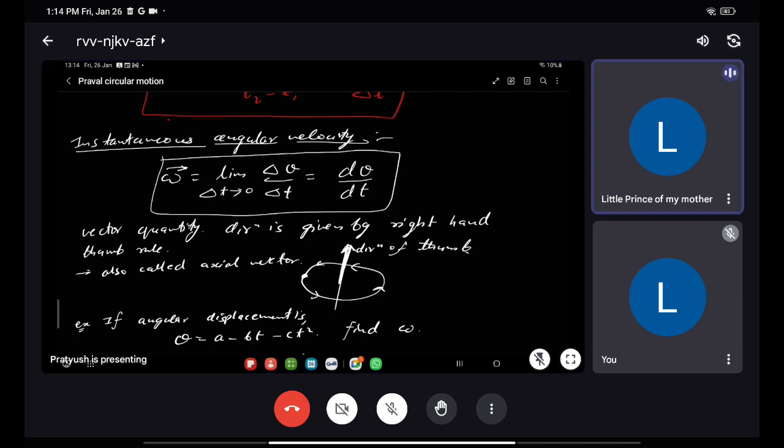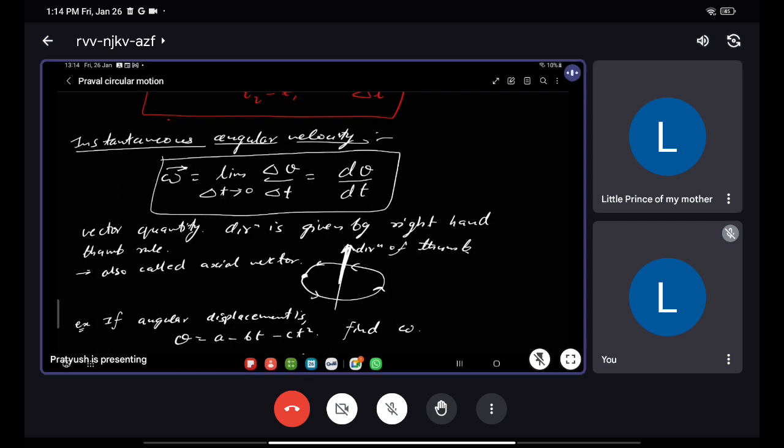Sir, angular velocity is called an axial vector. Angular displacement, angular velocity, angular acceleration are all axial vectors. Why are they called axial vectors? We have already seen that in vectors when we studied basic mathematics.